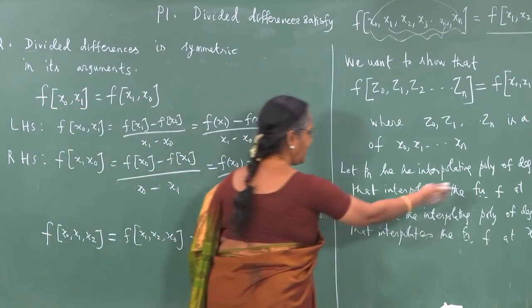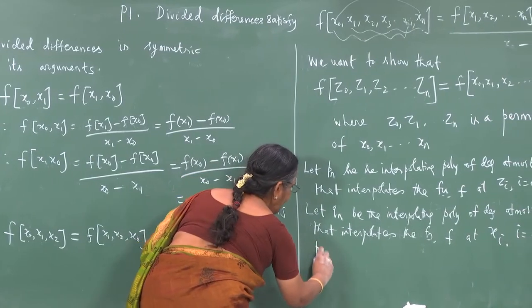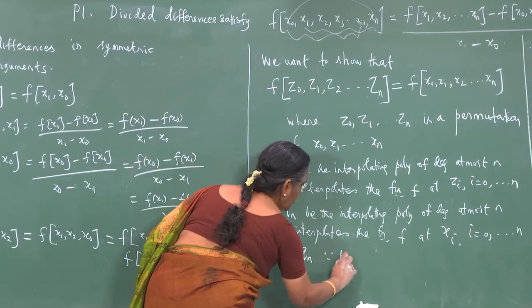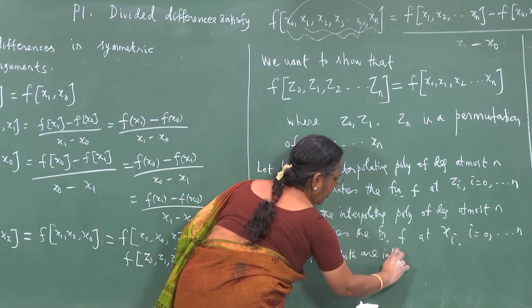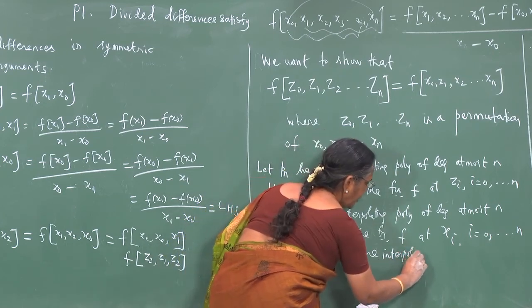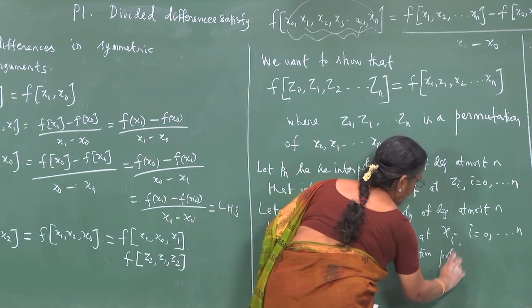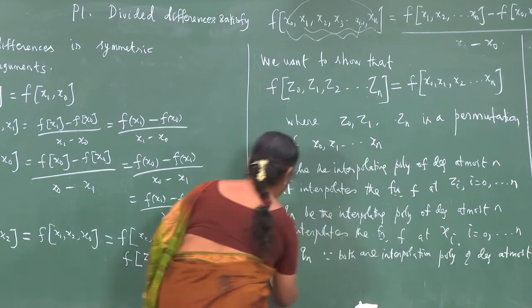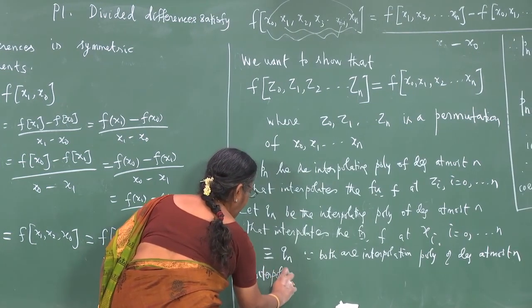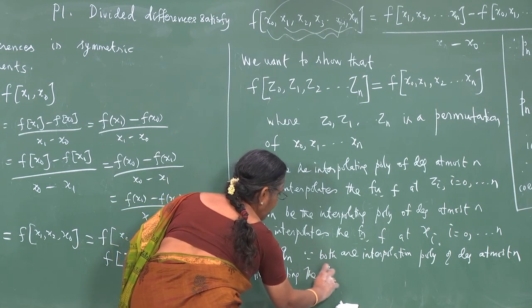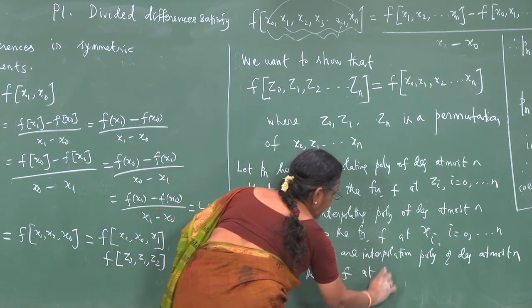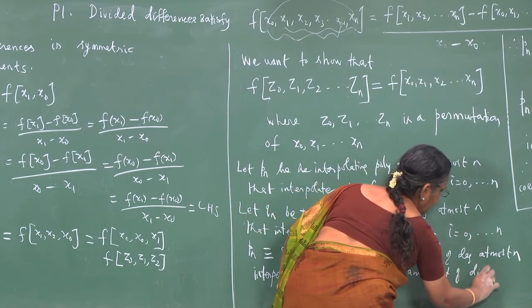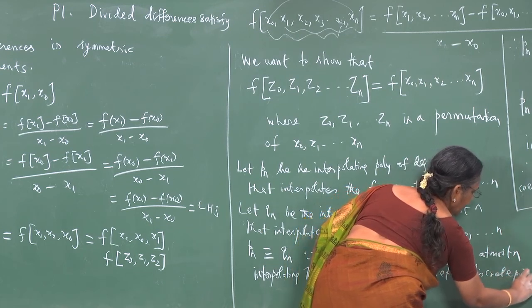So let us write down the details. So Pn is identically the same as Qn, since both are interpolation polynomials of degree at most n, interpolating the function f at the same set of discrete points.